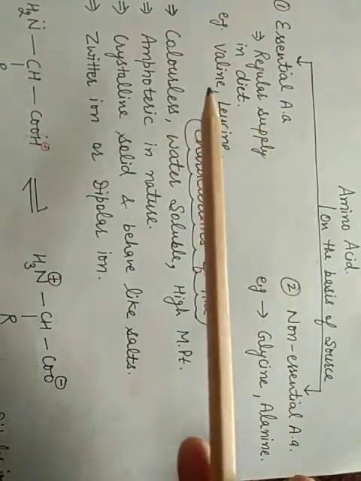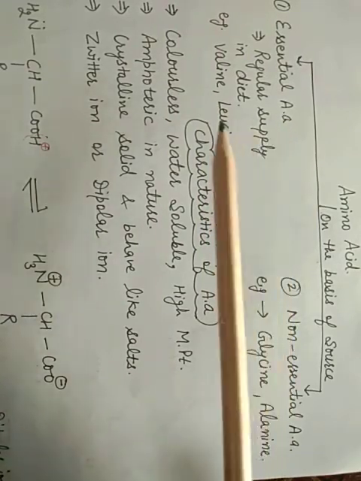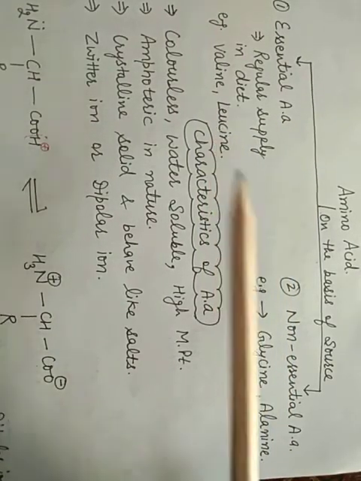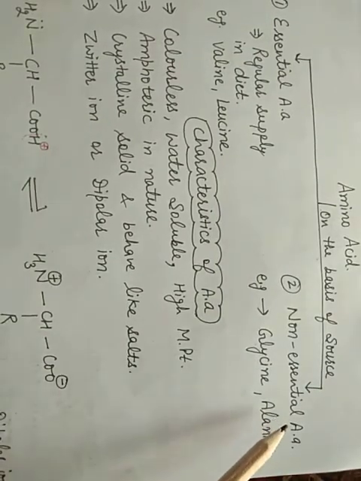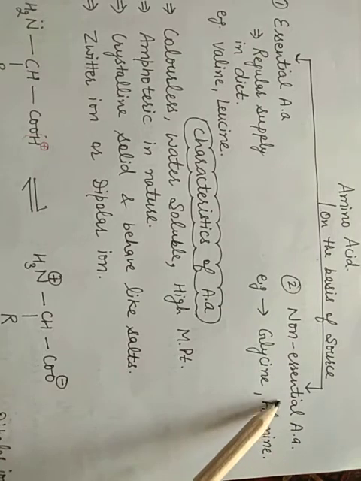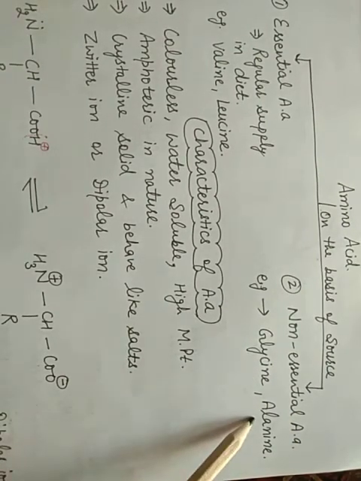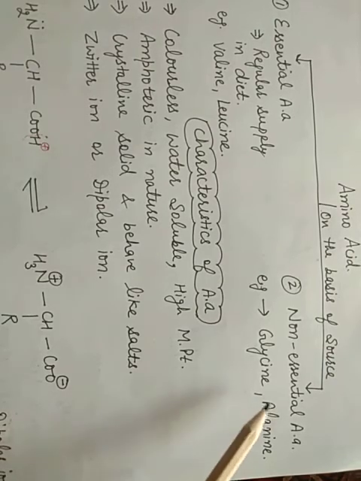Essential amino acids are valine, leucine. These are examples of essential amino acids. Non-essential amino acids are those amino acids which can be synthesized in our body, like glycine, alanine, etc.